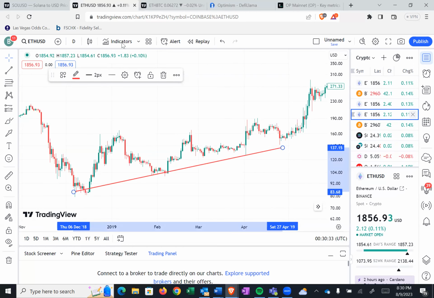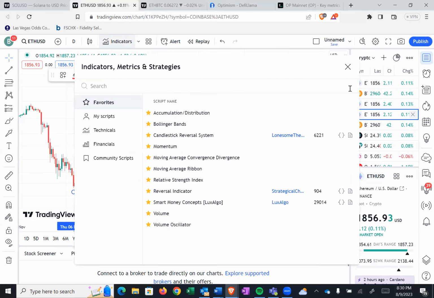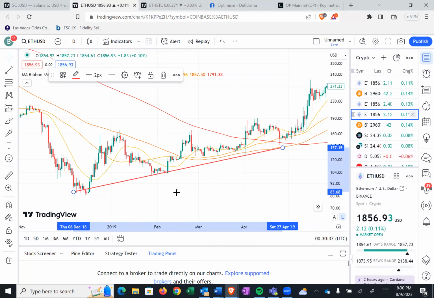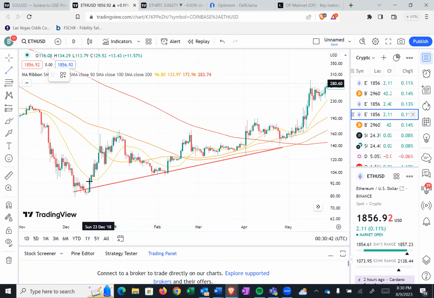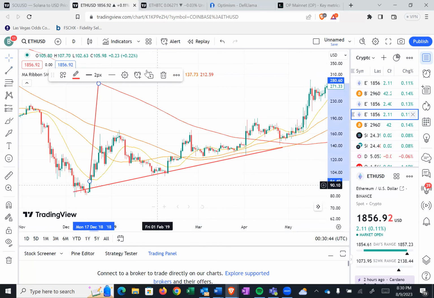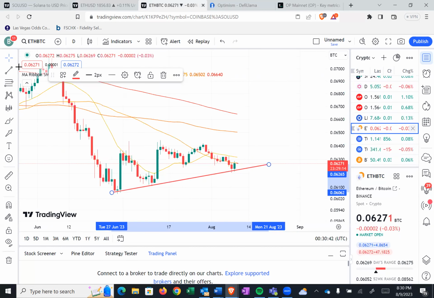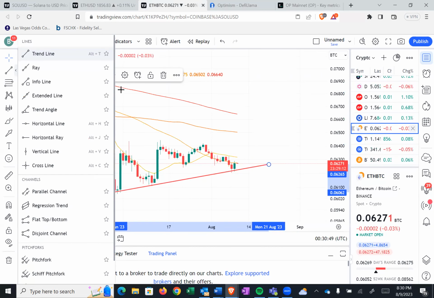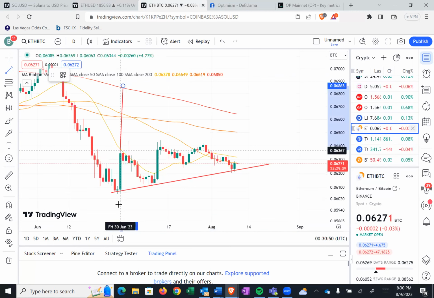If we look at the moving averages, we can see that we capitulated. We had a full massive stack there. What do we have here? A massive stack here. And now we crossed.